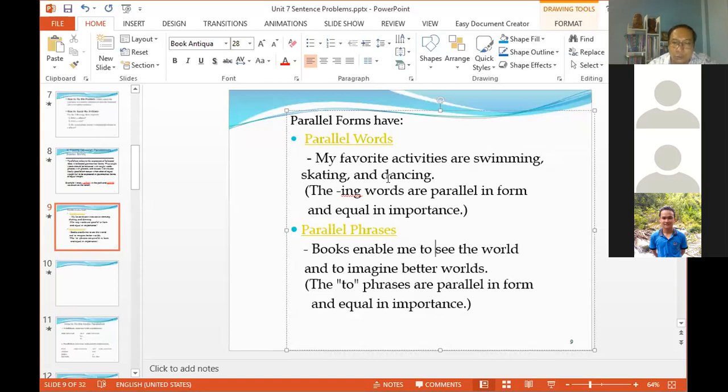To see and to imagine. Both sides use the same infinitive phrase, so it is good. No problem, no mistake.